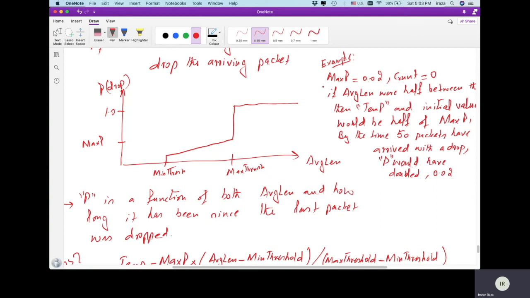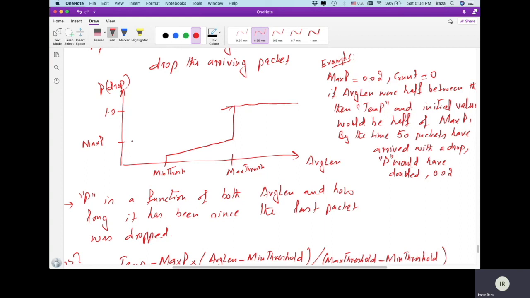Now, in the very unlikely event that 99 packets arrive without a loss, P reaches 1, right? So if we assume that there has been no packet drop here, this means now P is at 1. This means every next packet will be dropped from the queue, right?